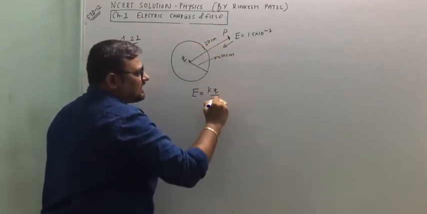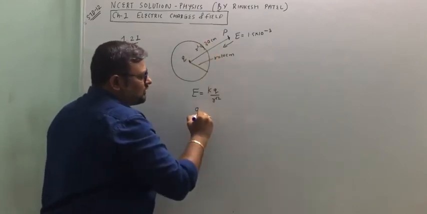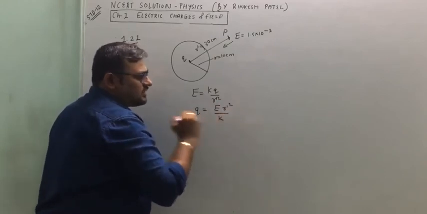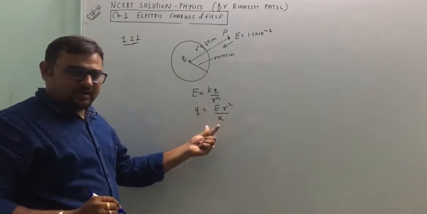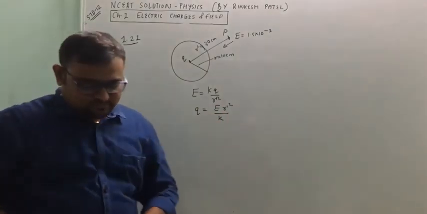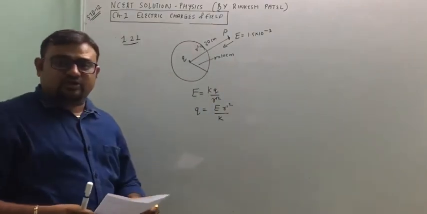I will take this as R dash, so Q will be equal to E into R dash square upon K. Just put the value of electric field, R dash and K. You will get the value of the charge on the surface. Now let's move to 1.22.